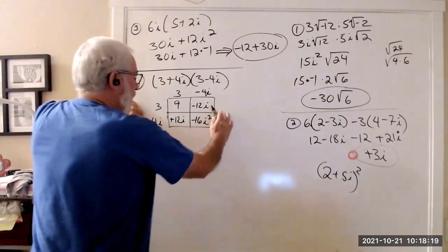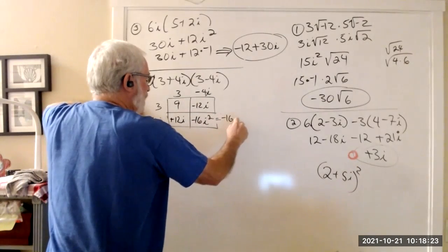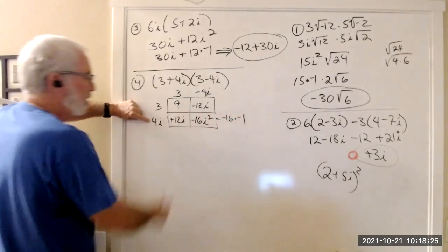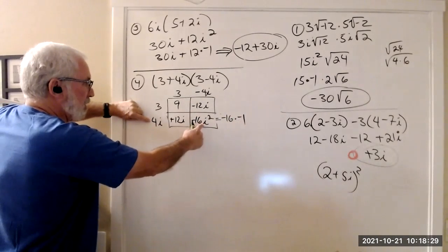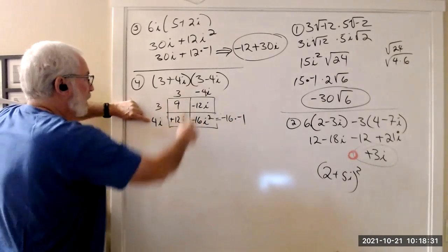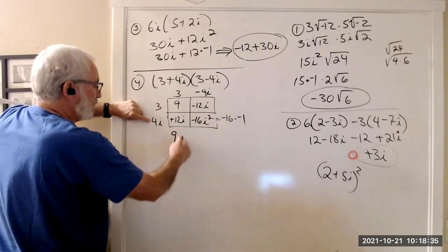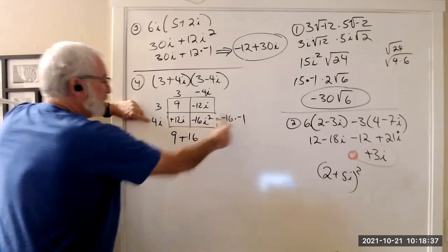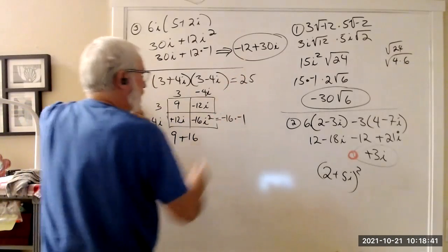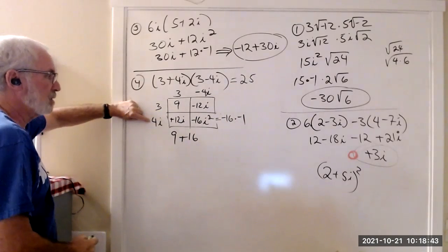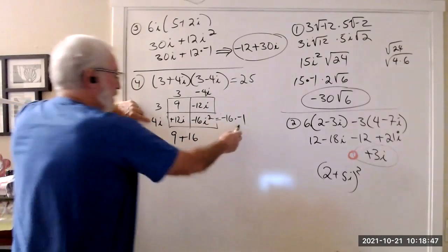But that makes -16 times -1. -16i squared is -16 times -1. So what we have here is 9 plus 16. So the final answer for this problem is 25. This was a +16.